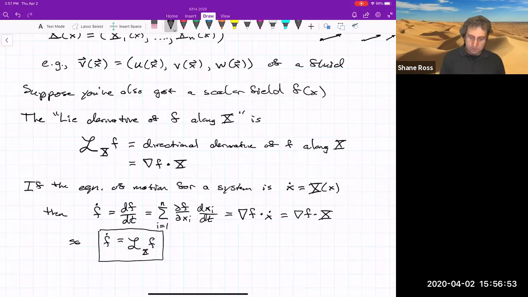So you might say, okay, you've just shown me some new fancy way to write things. Things get interesting if capital X, the vector field, is Hamiltonian.